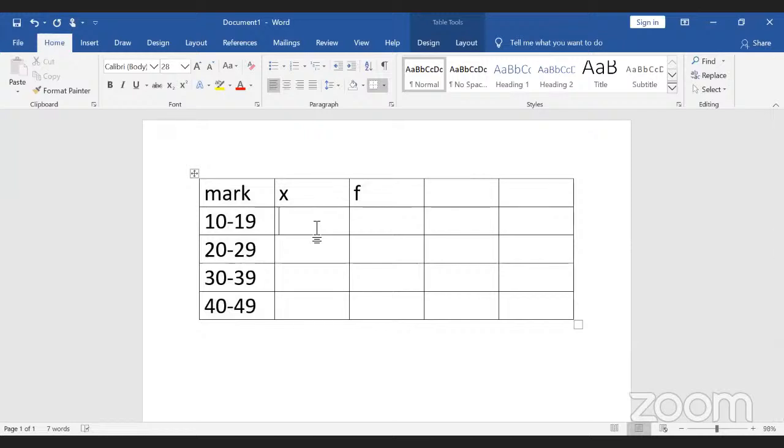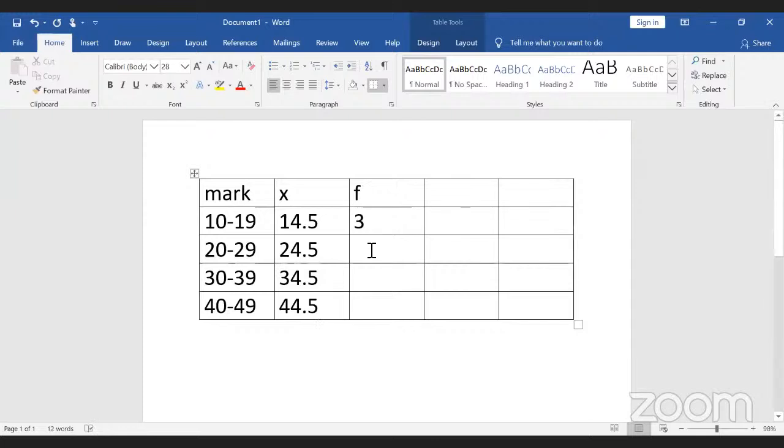That is our midpoint, correct? So we say 10 plus 19 divided by 2, you get what? 14.5. Then the next class will be 24.5. Then we go to the next class, we have 34.5. Then we can have another class, let's say 44.5.